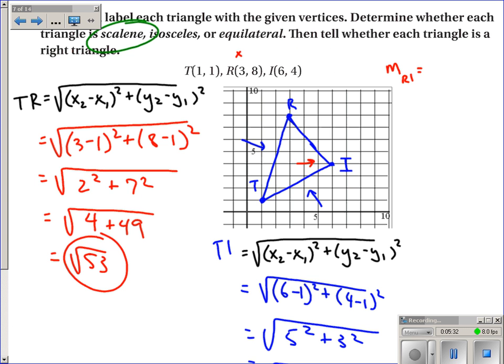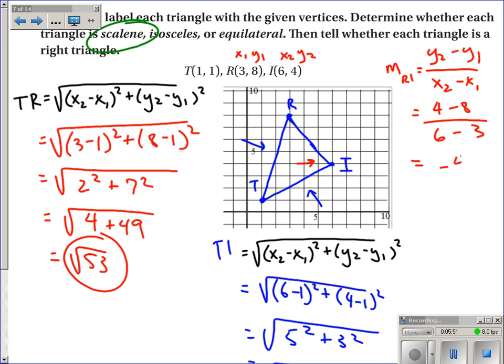I'll call this x1, y1, x2, y2. It's y2 minus y1 over x2 minus x1. 4 minus 8 is -4. 6 minus 3 is 3.